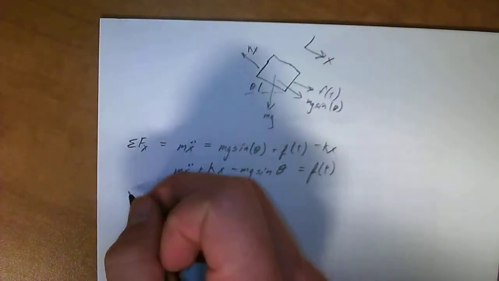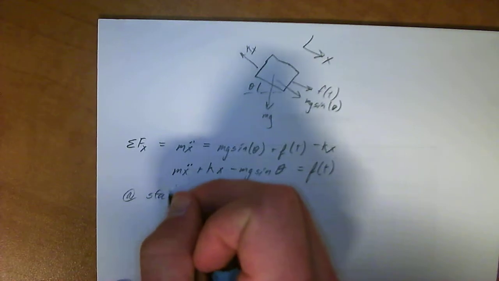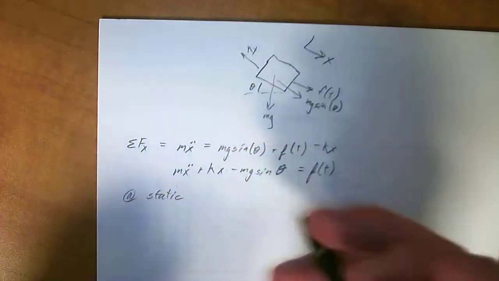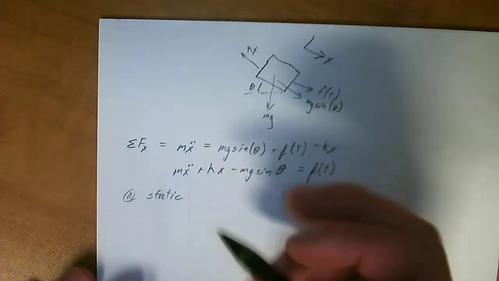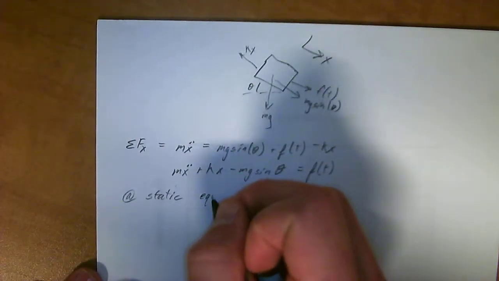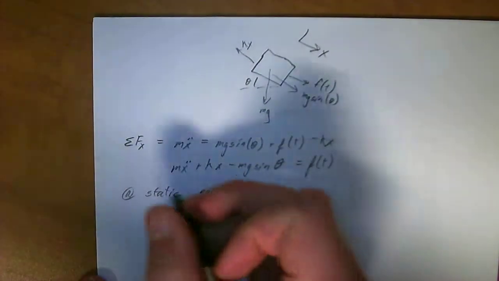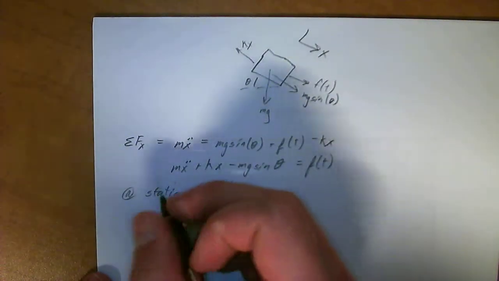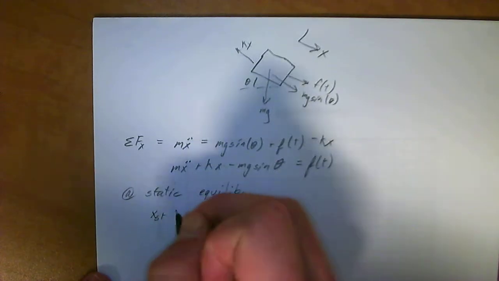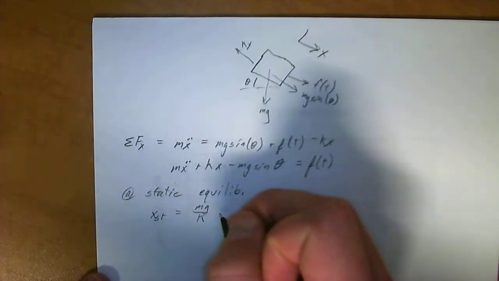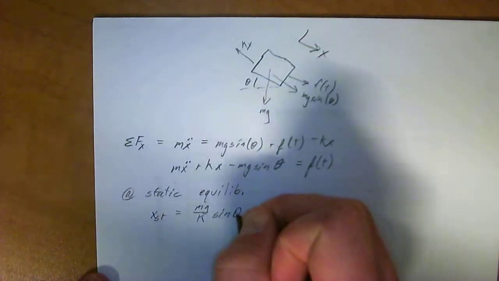At static equilibrium, you set this block up on the ramp and hook it up to the spring, and then just let it settle to wherever it is. What you have to do is find x static, which is equal to mg over k sine of theta.